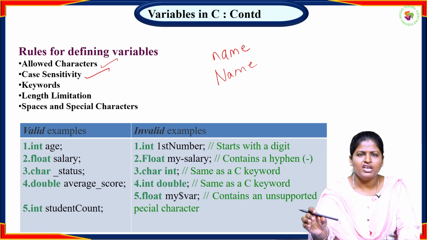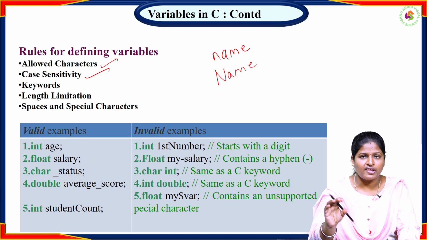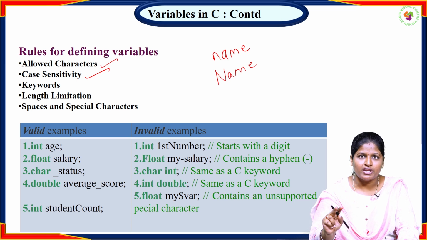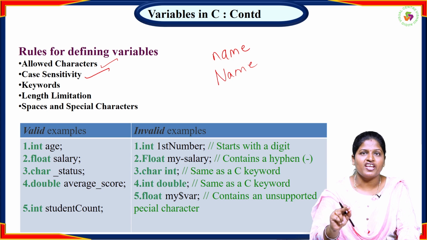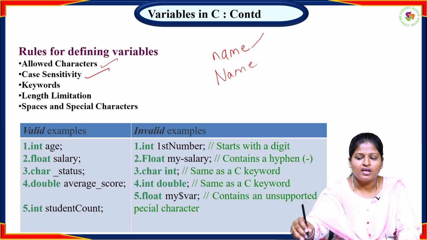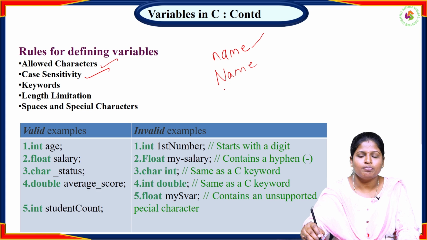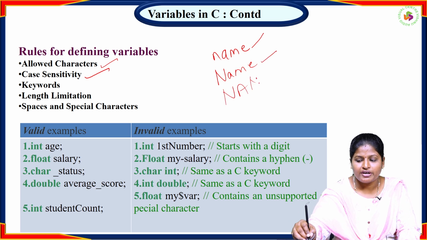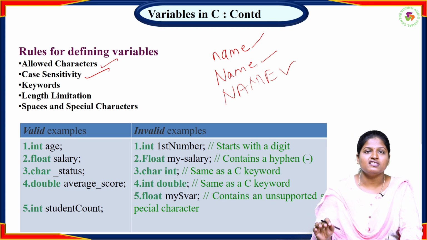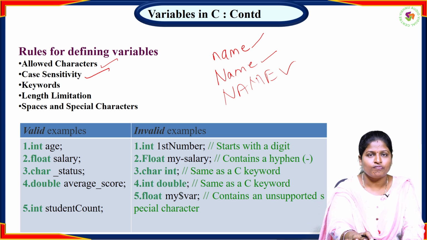Though the meaning of the variable is the same, in C language these both will be treated as two different variables. That is the meaning of case sensitive. If you write all in capital letters, then this also will be treated as a different variable. That is the meaning of case sensitivity.